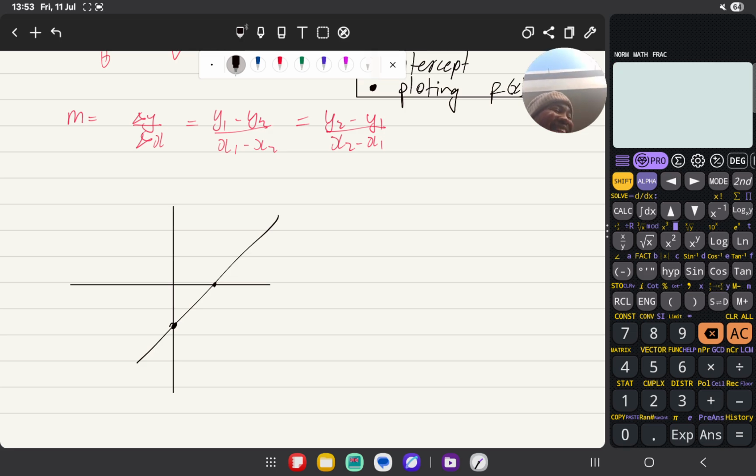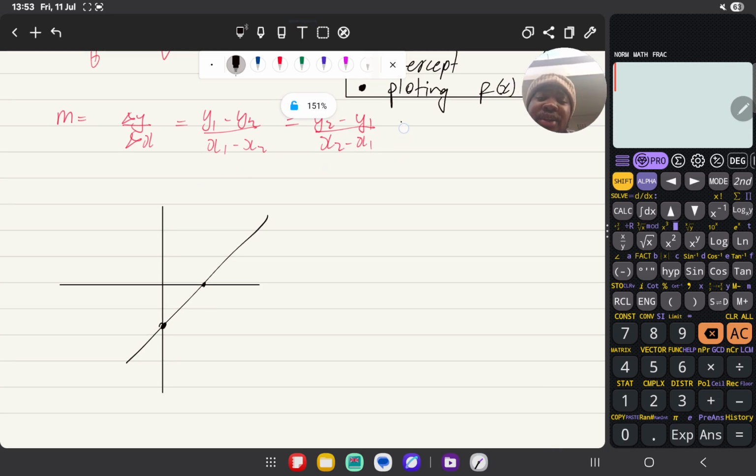If you have any 2 points, you have all that you need, because these 2 points, number one, will help you calculate your gradient.